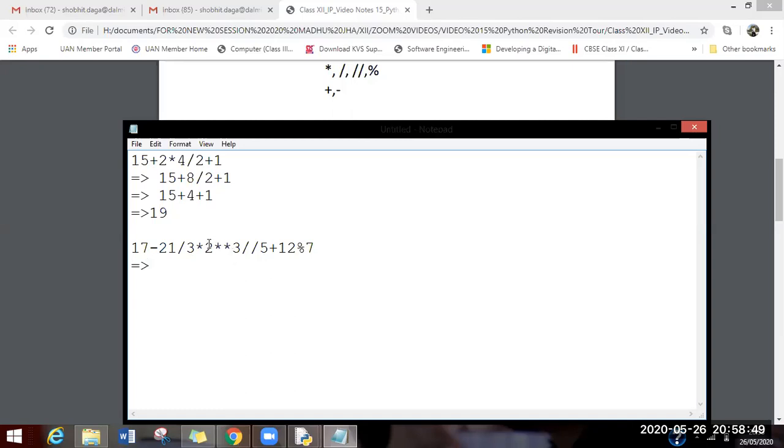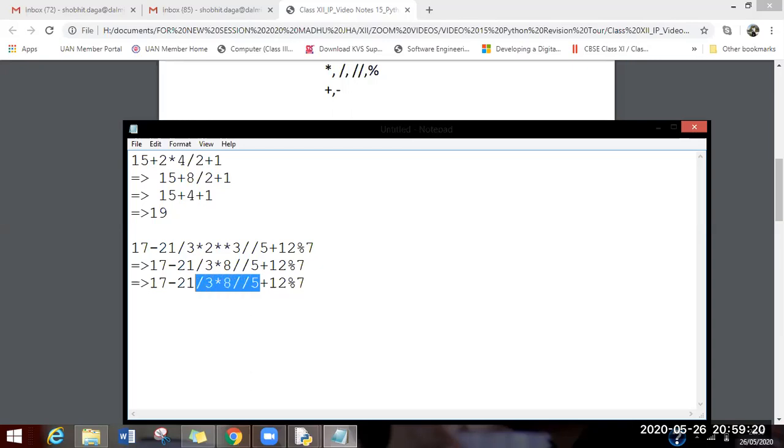So the highest of all precedences is exponent. So we will first process the exponent portion, and we'll replace 2 raised to the power 3 by 8. In the next step, we are having multiplication, division, multiplication, floor division.